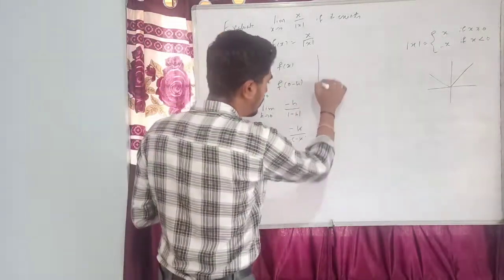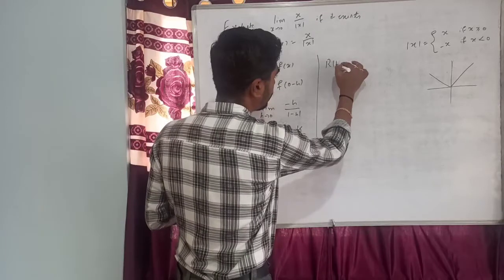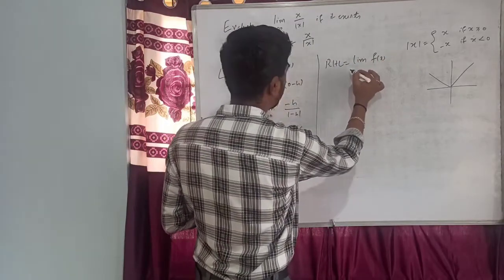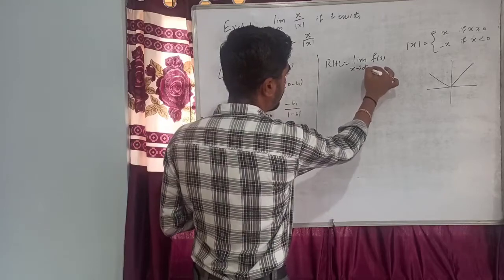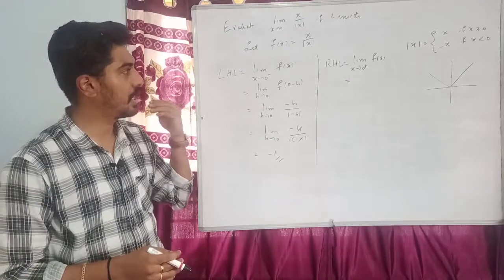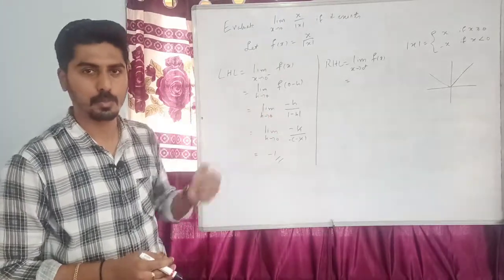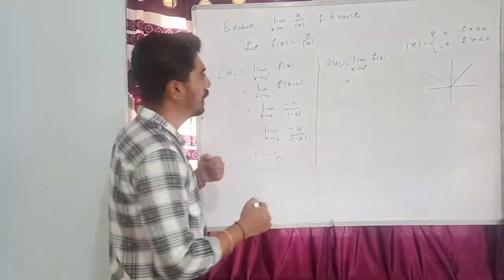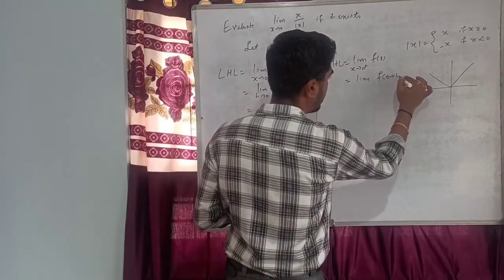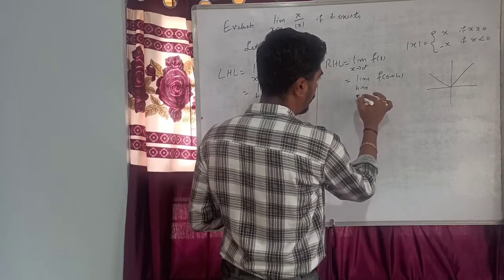Now let us consider RHL, which is equal to limit of f of x as x tends to 0 plus. Put x equal to 0 plus h and let h tend to 0, where h is a small positive real number. Take limit of f of 0 plus h as h tends to 0.